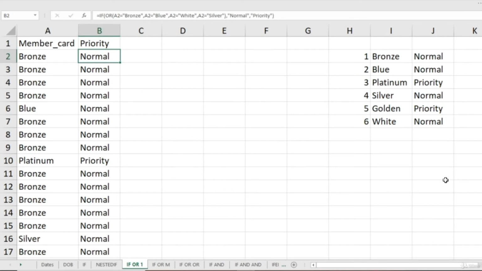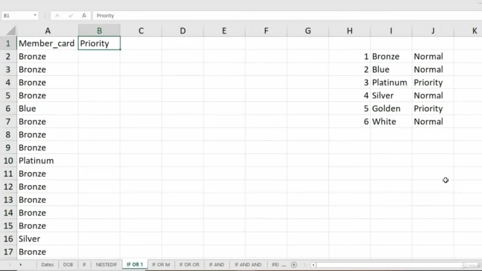Now, by the way, if we had thought at the beginning about what we are trying to do, we could have reduced the length of our arguments. To get the normal value, we have to give 4 conditions like bronze or blue or silver or white, and to get the priority, we only had to give 2 conditions, platinum and golden.